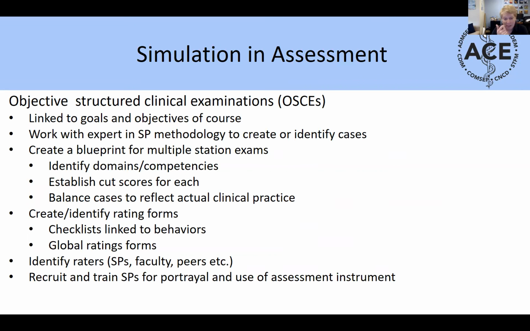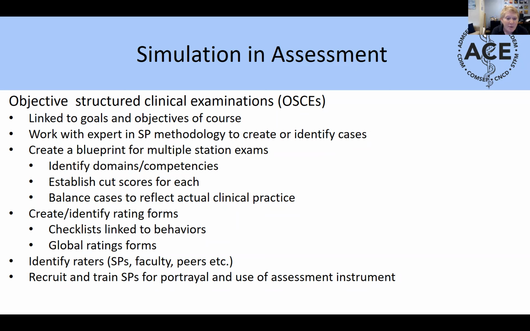Some of the ways that a lot of places are doing this, ourselves included, are increasing numbers of these objective structured clinical examinations, or OSCEs. Here at UVM, we have a lot of OSCEs within our curriculum, and they start early in the curriculum. For our clerkships, at the end of every clerkship, there is an OSCE.